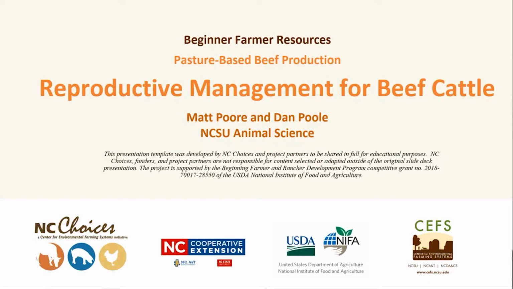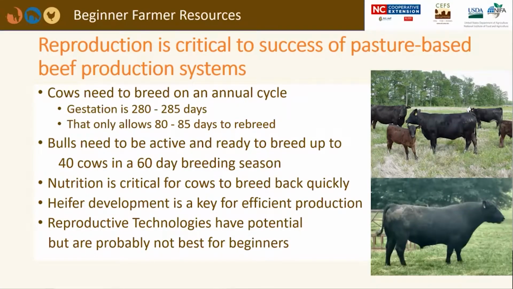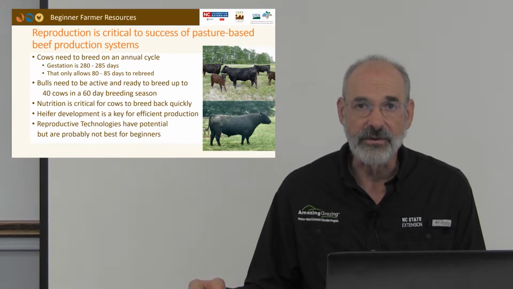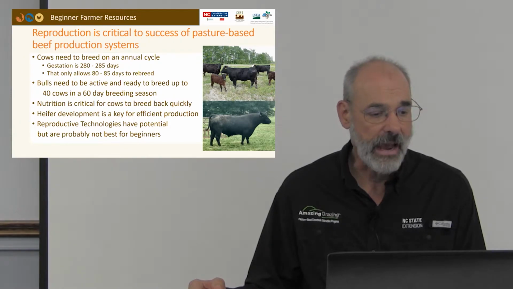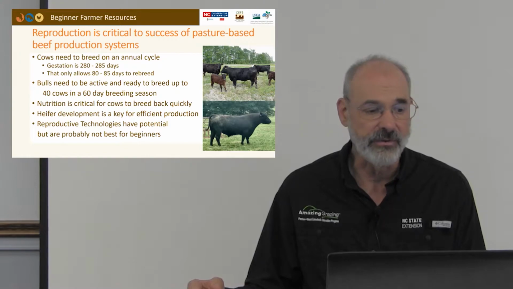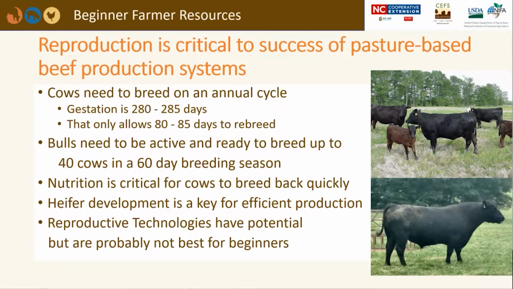So today's presentation will cover reproductive management of beef cattle. Reproduction is critical for the success of a pasture-based beef production system. Some farmers only use calves that have been obtained from other farms that run cows, but many of the farms will have cows of their own, and therefore it's very important that they understand the reproductive process.